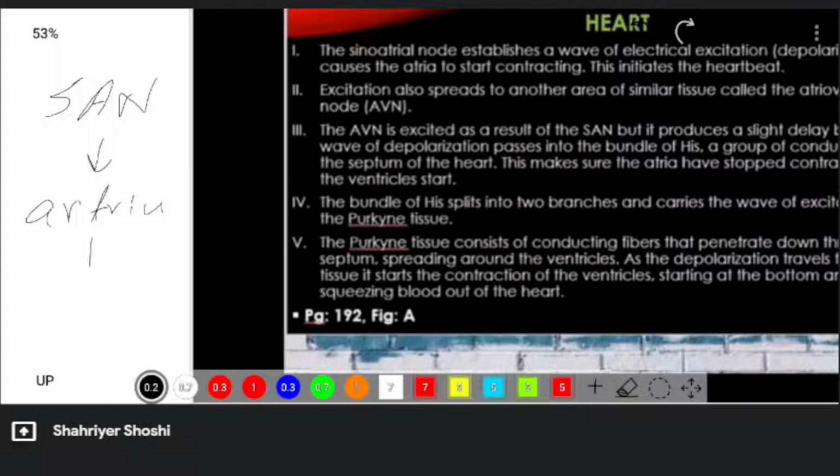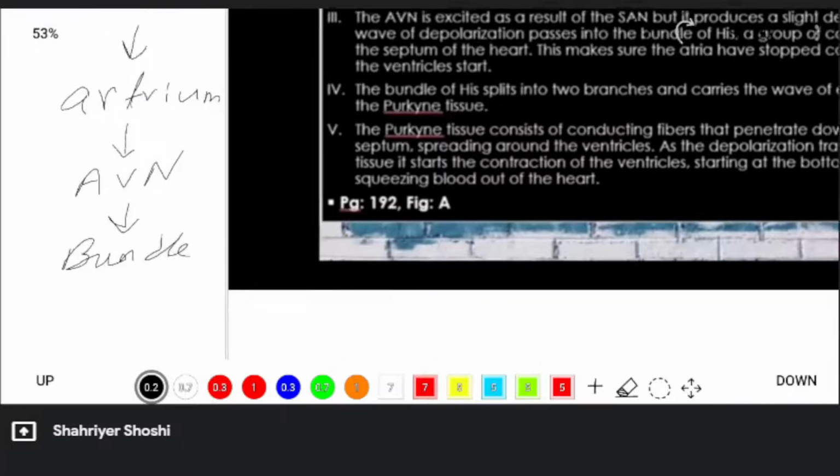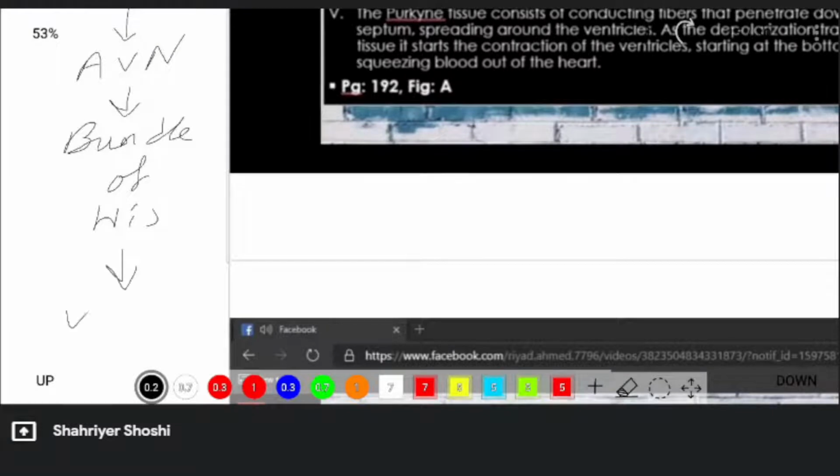Then from the right atrium, the AVN is stimulated. From the AVN, the shock passes to the bundle of His. From there, it passes to the ventricle. Is the sequence clear?